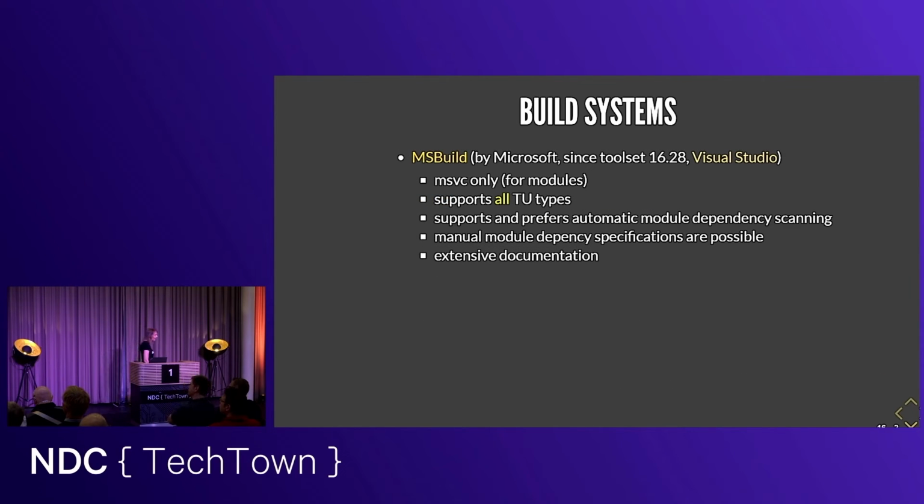Then there's, of course, MSBuild that comes with Visual Studio. It's a boring build system because it does everything that you expect. No problems at all, and it's around for quite some time now in the frame of Visual Studio 2019 or so. This is what I have in production.